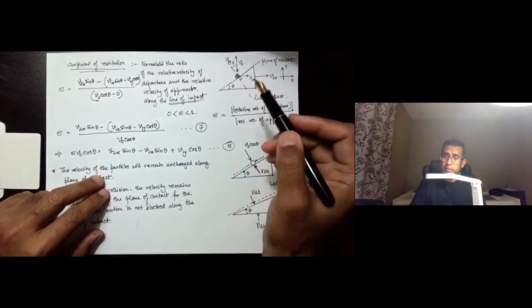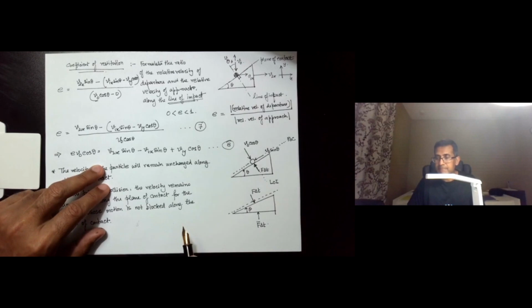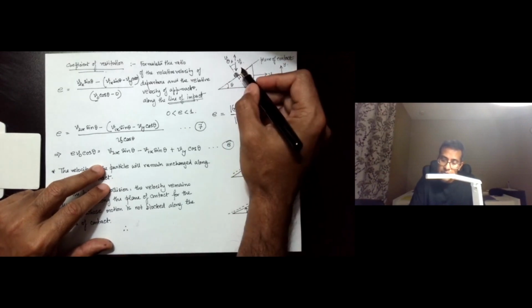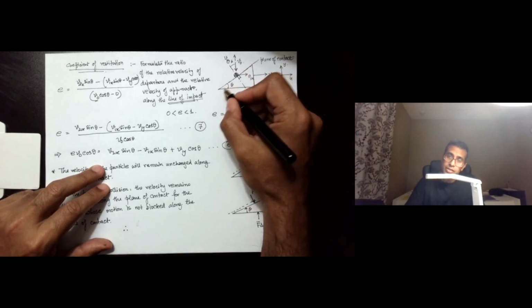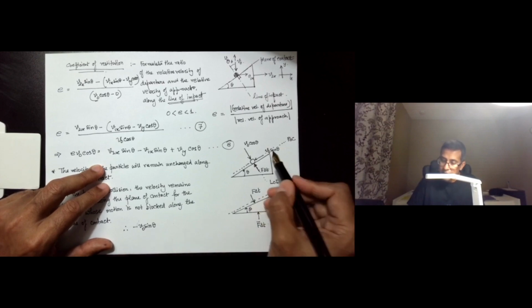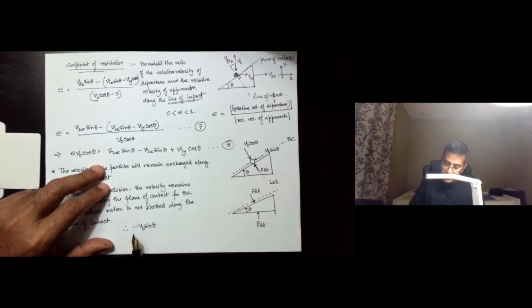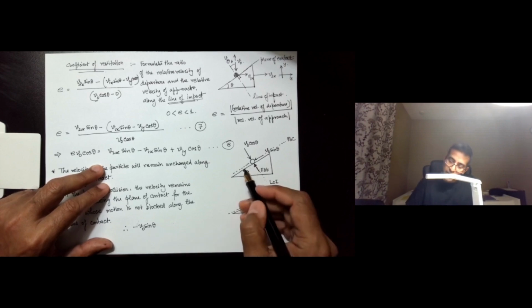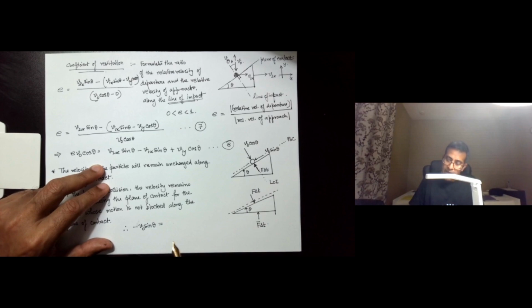Now if we go back to these velocities here, what is the velocity along the plane of contact just before the impact for this particle? Well, if I consider the direction going up the plane to be positive, then initially there was negative V0 sine theta, as you can see, this was going downwards. That's why I'm putting a negative sign, considering up the plane to be positive, and so this velocity will remain conserved.